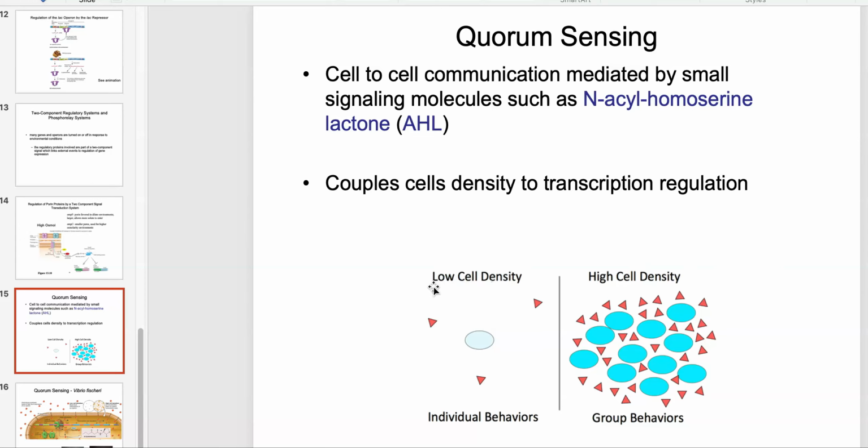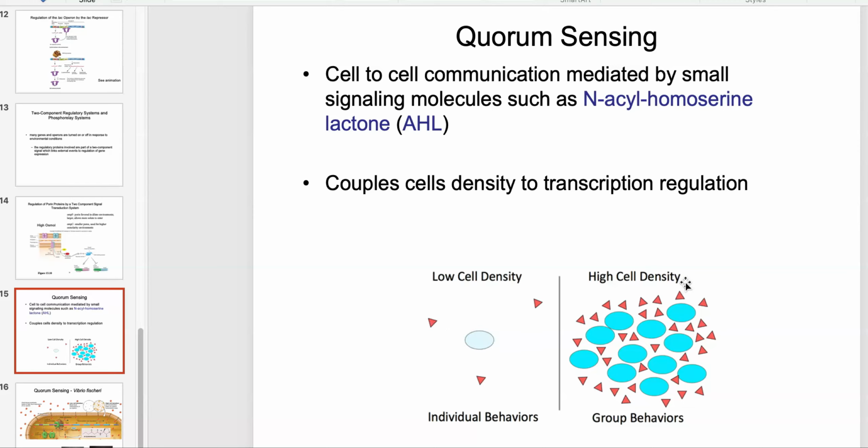And so here's a cell at low cell density, and it produces a few of these homoserine lactone molecules, or signaling molecules. We also call them pheromones. So imagine these little red triangles as pheromones, or N-acyl homoserine lactones if they're gram-negative bacteria. But there's not very many of them, and they kind of diffuse off into the world and don't do much.